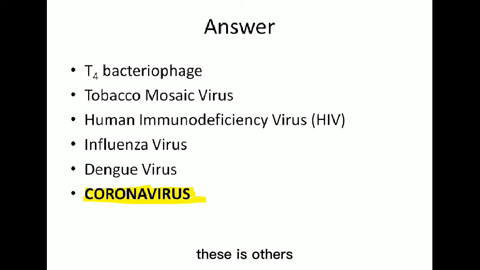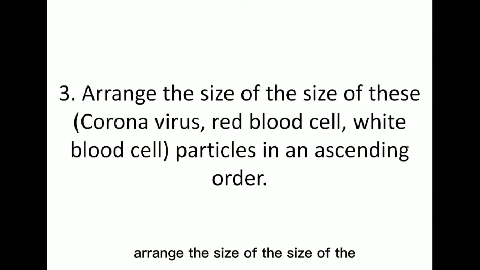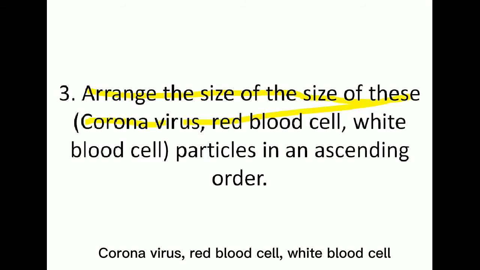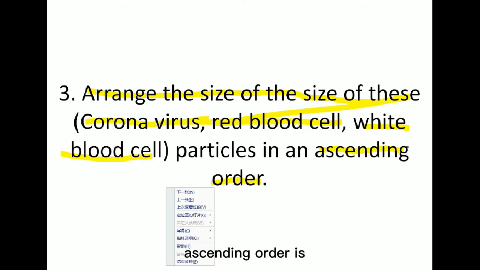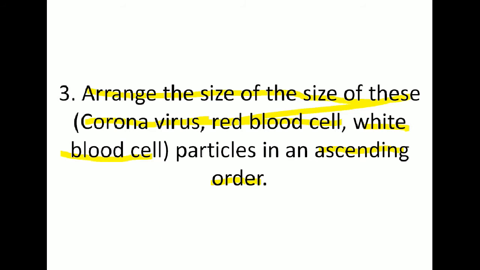And the last question: arrange the size of the coronavirus, red blood cell, white blood cell in ascending order. Ascending order is from small to bigger and the biggest.